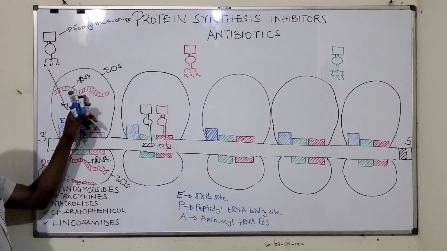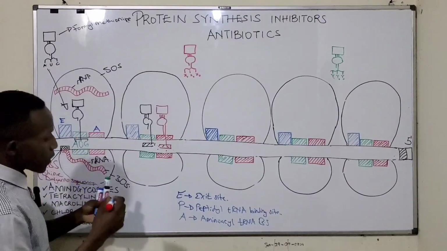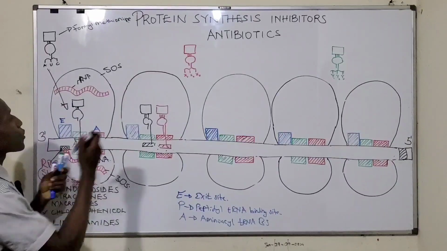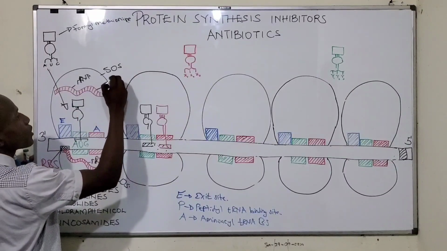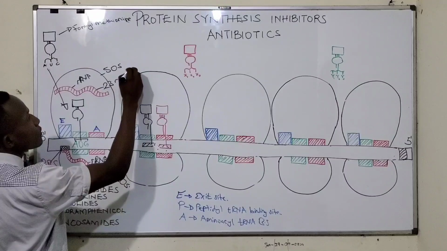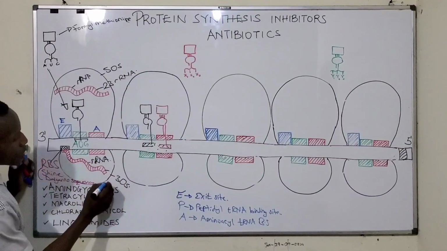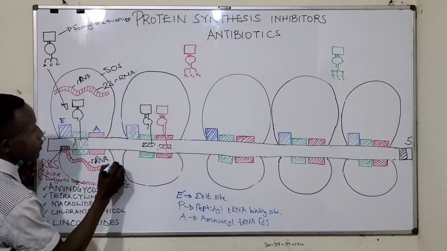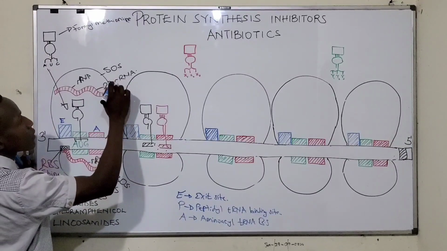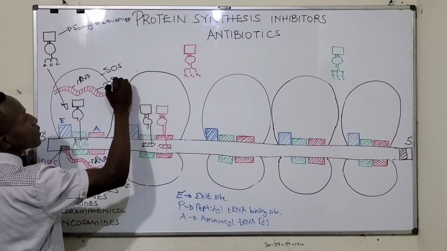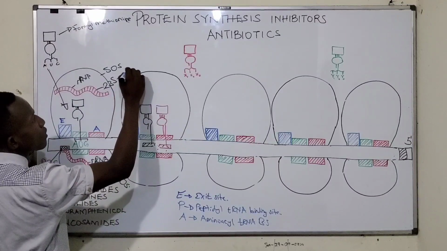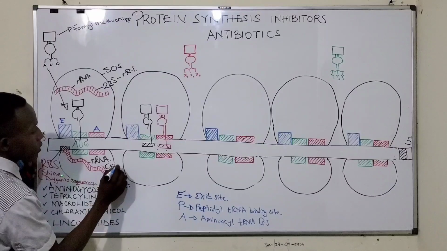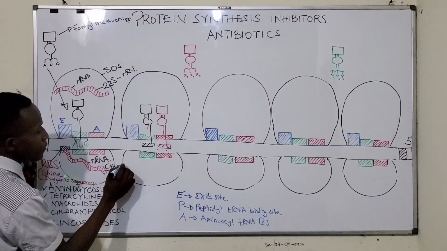So the peptidyltransferase activity from the ribosomal RNA, this is the 23S ribosomal RNA, and this one is the 16S ribosomal RNA.